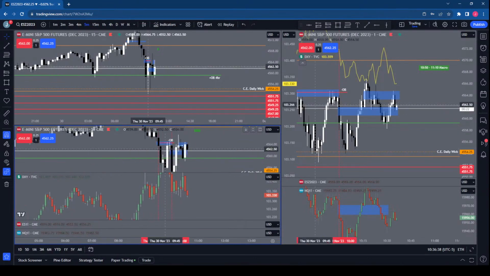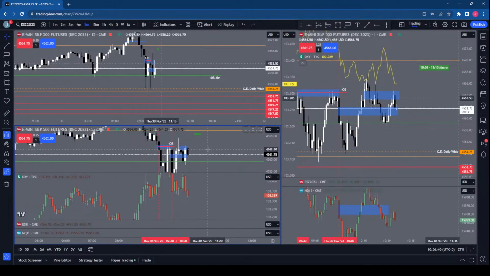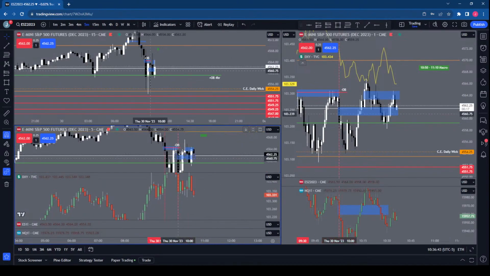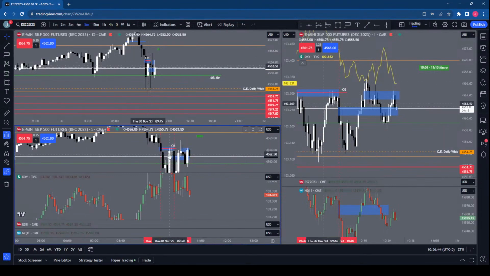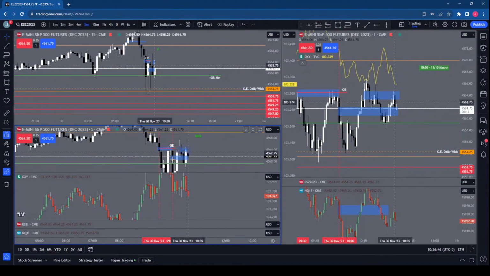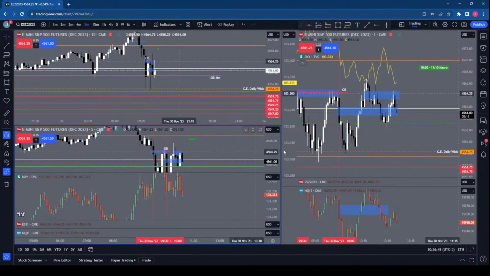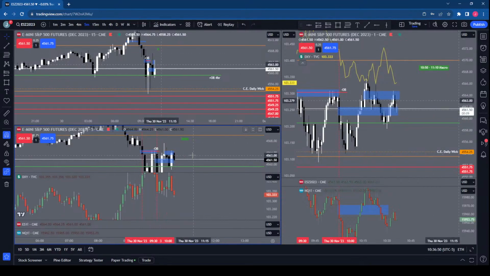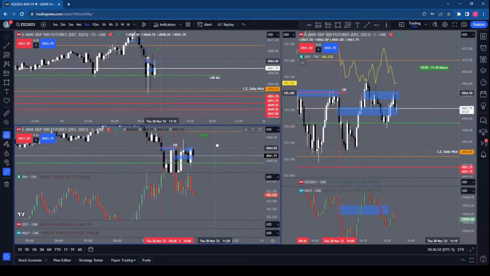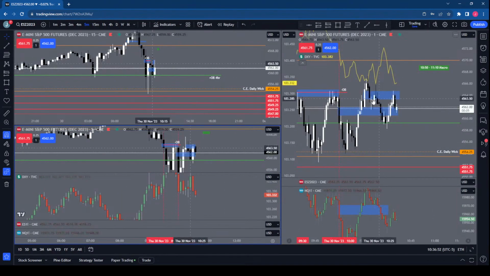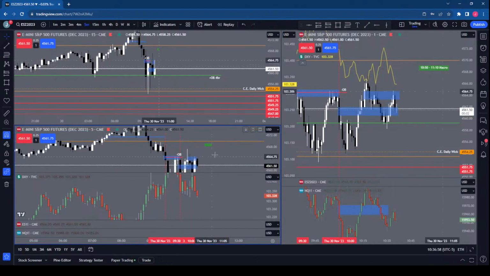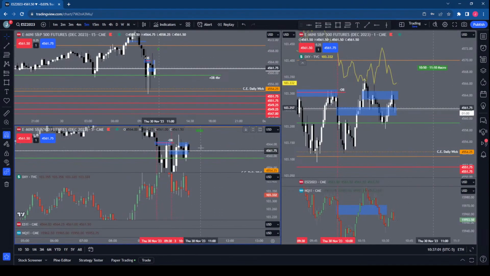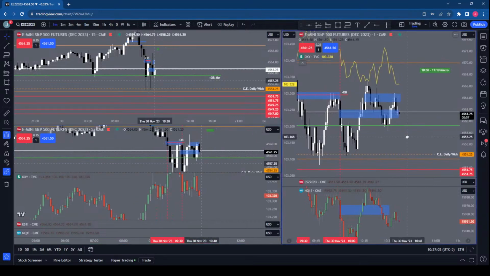We didn't really get the shift on the 5, which is why I've said a few times I need to start waiting for the 5-minute to prove that it's trending. We already took that small loss, but I'm just going to sit here and wait for the 5-minute to make some movement before I even really start looking at it closer.